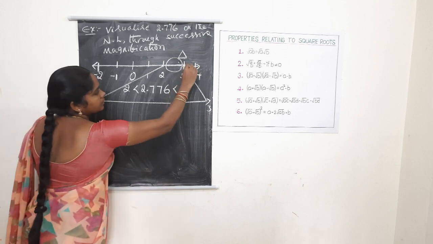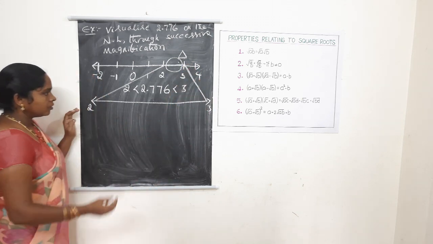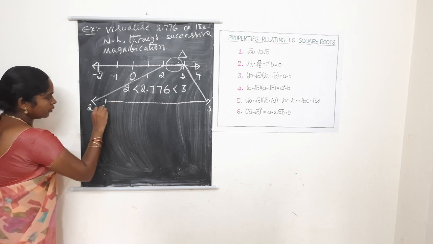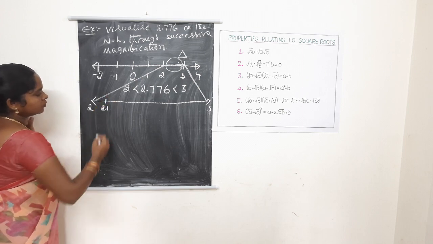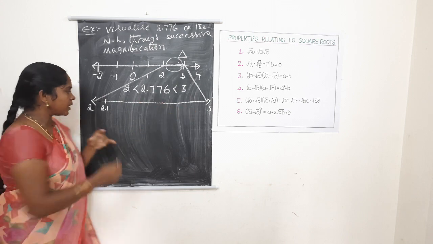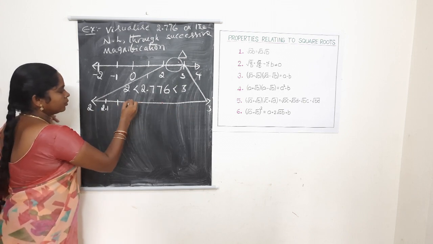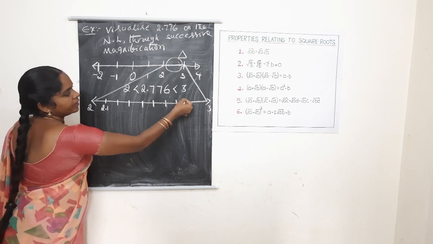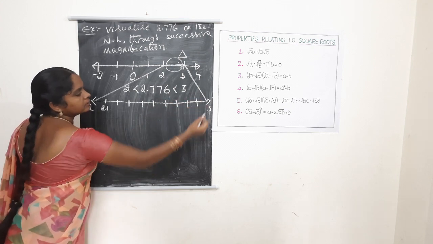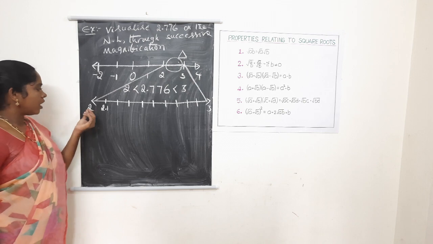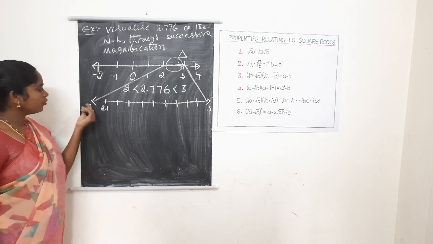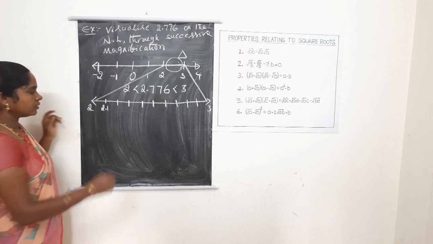We divide into 10 equal parts: 1, 2, 3, 4, 5, 6, 7, 8, 9, 10. After 2, the first point will be 2.1.